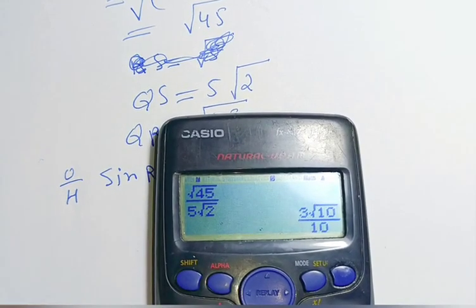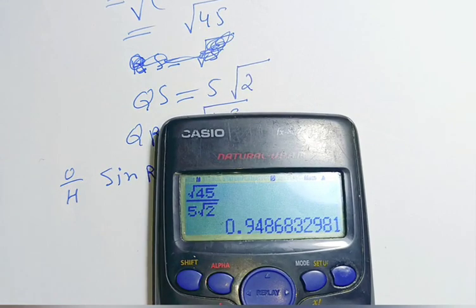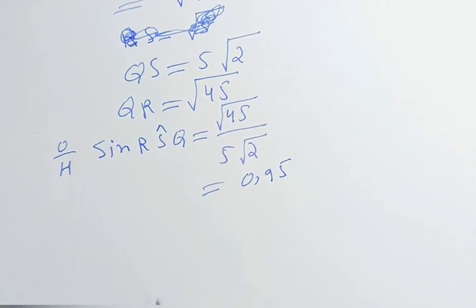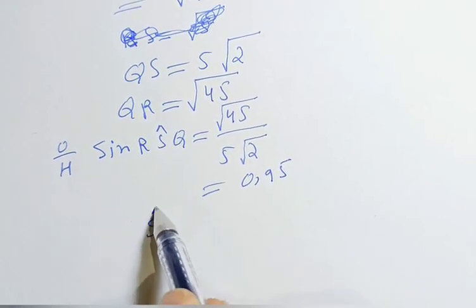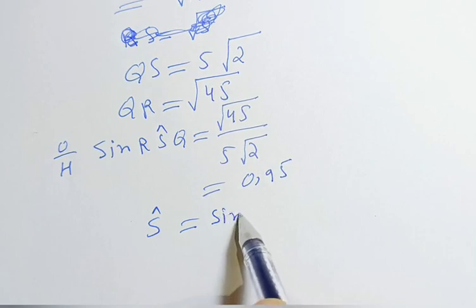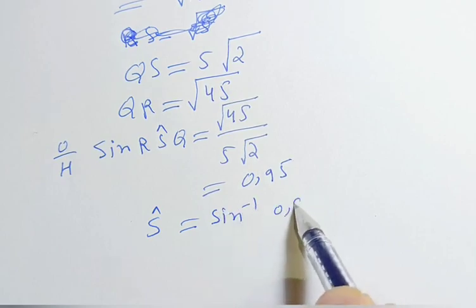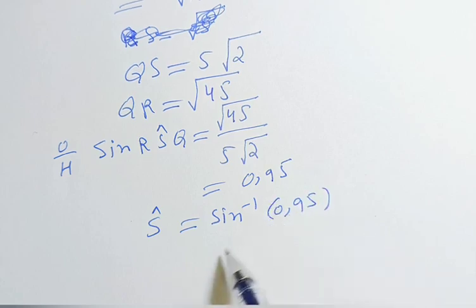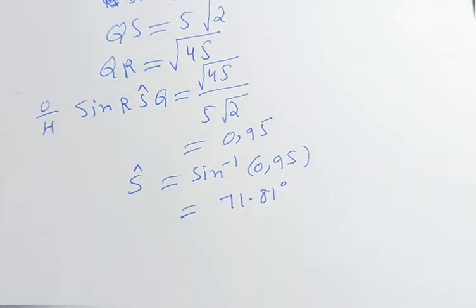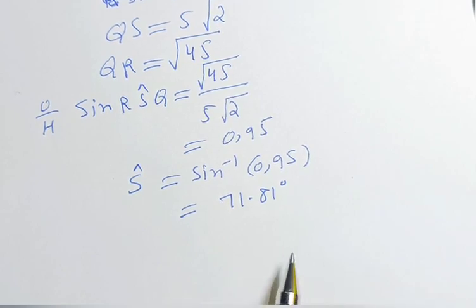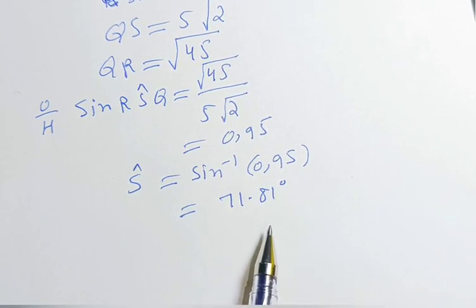The answer becomes 0,95, I can say. Now I need to find the angle S. So this becomes sine inverse of 0,95. Use the calculator again. So the answer becomes 71,81 degree, exactly the same answer after the comma.